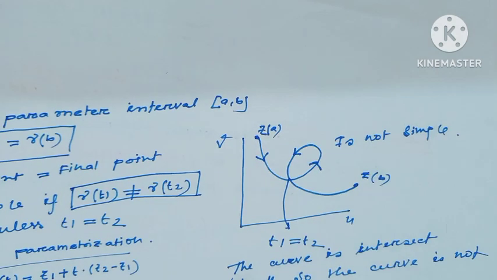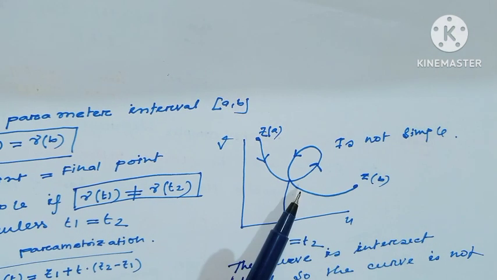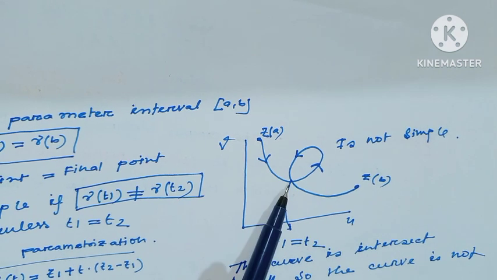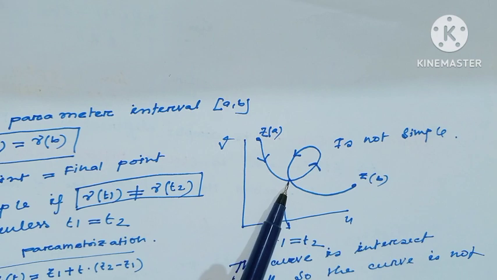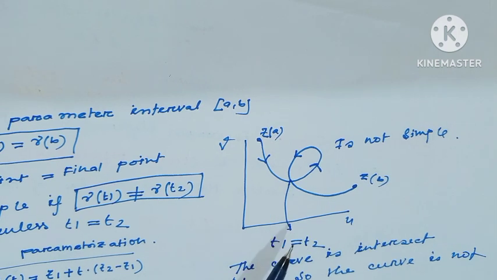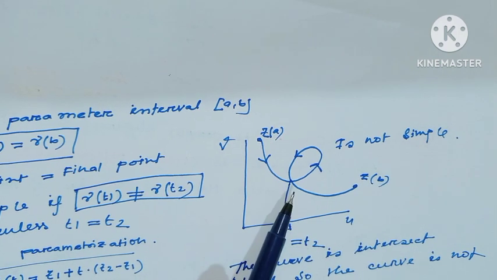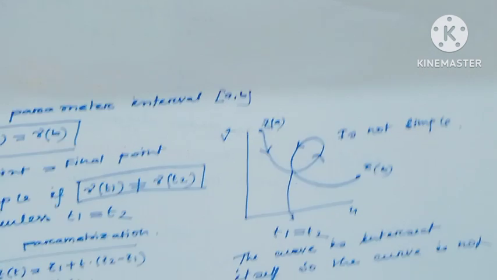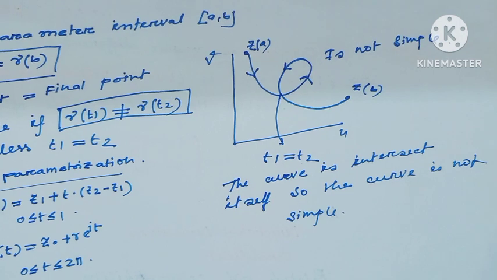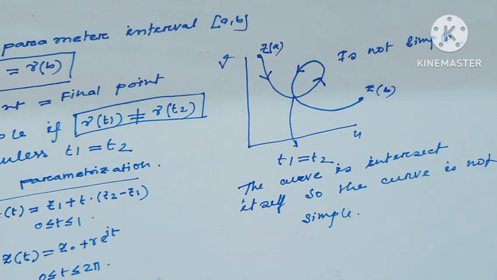And this is the picture. Here, at the point t1 not equal to t2, gamma(t1) equals gamma(t2). That means the curve intersects itself, so the curve is not simple.